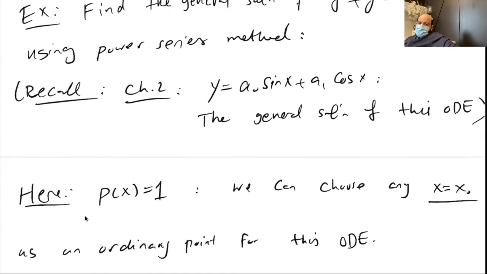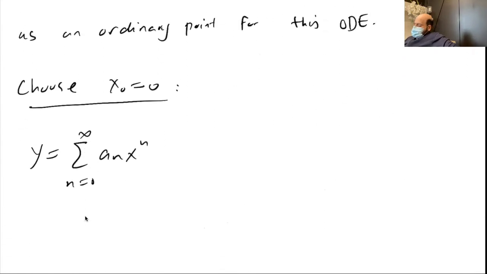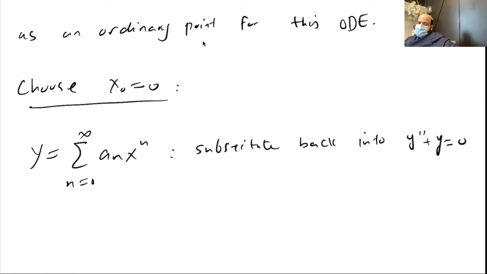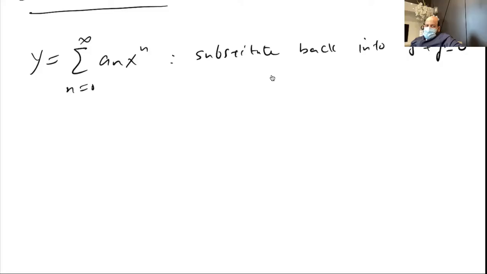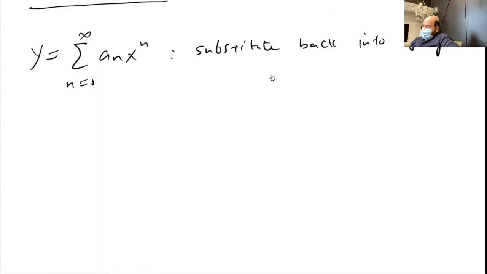Now I need to substitute back into this ODE. So substitute back into y double prime plus y equals 0. And then what do we get? First, I need to differentiate this function because y double prime appeared there.